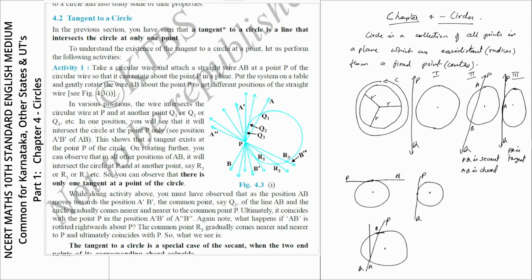Let PQ now make A and B dash as the new line.